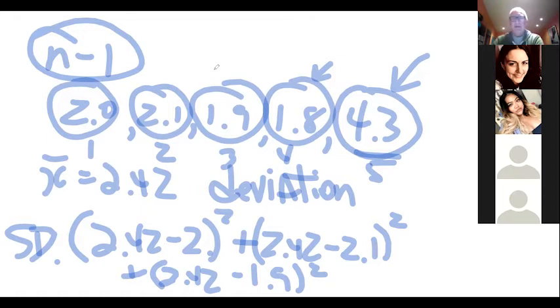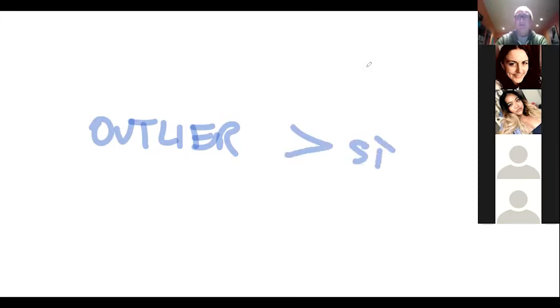So once we get our standard deviation, we could then use that to determine which one is an outlier. Generally, an outlier has the greatest deviation from the standard deviation.